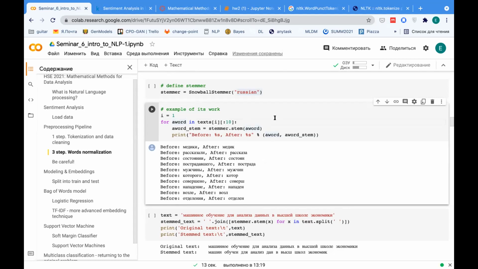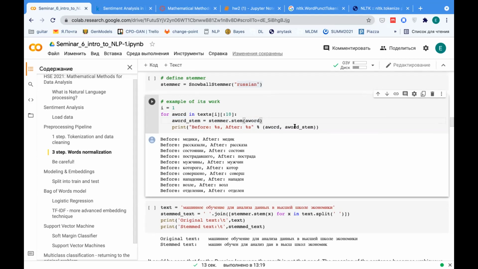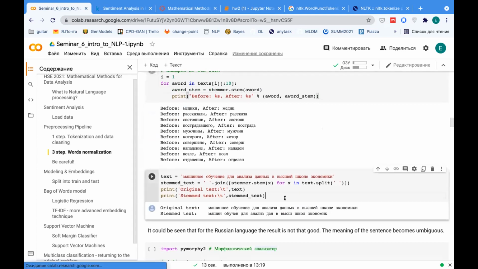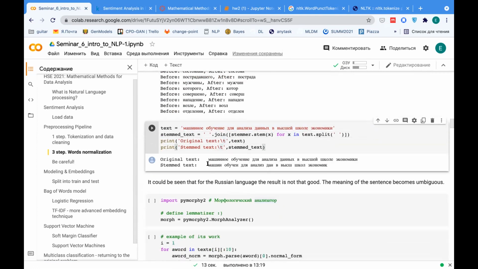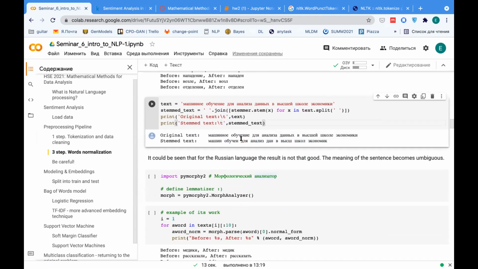So for languages where you know that the morphological structure is complicated, like in Russian, you should probably use lemmatization, not stemming. So again, if you pass here some sentence to the stemmer, we can have this bit degraded sentence, but actually it saves all the roots and sometimes some other characters.